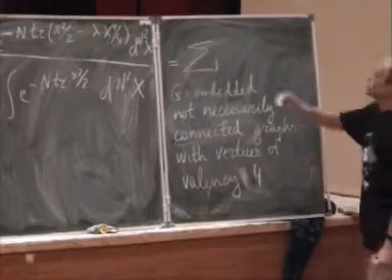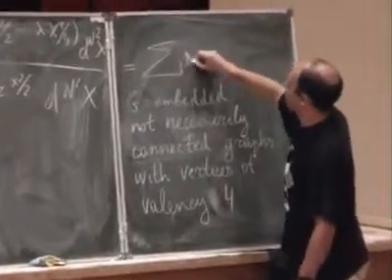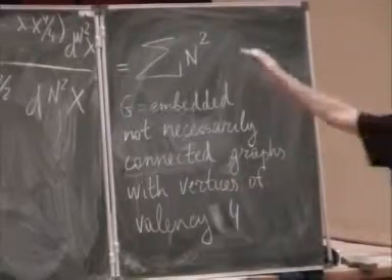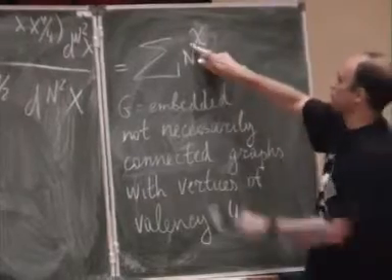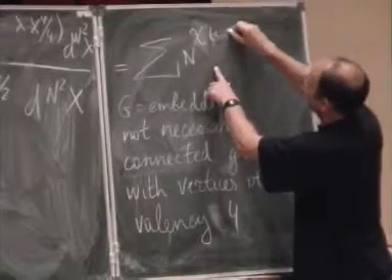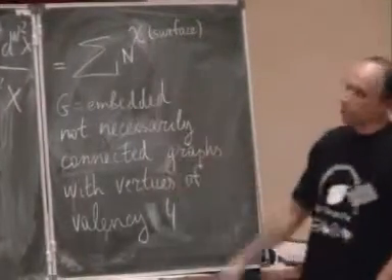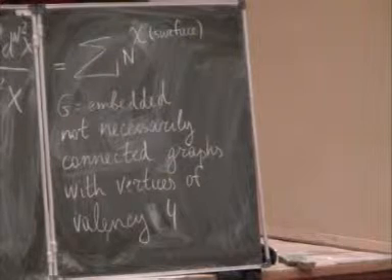And every graph contributes N to the power 2 minus 2g, N to the power the Euler characteristic of the surface. Since the surface is not necessarily connected, it would be wrong to write 2 minus 2g.